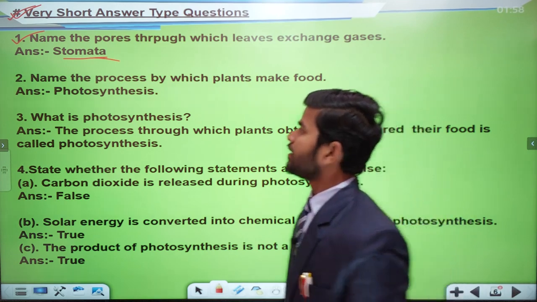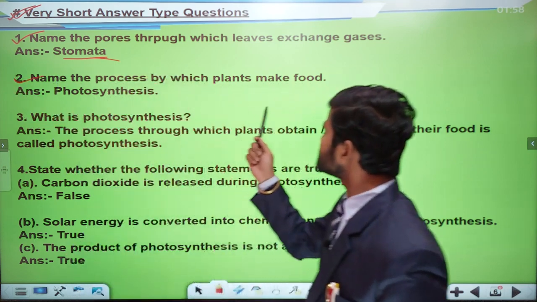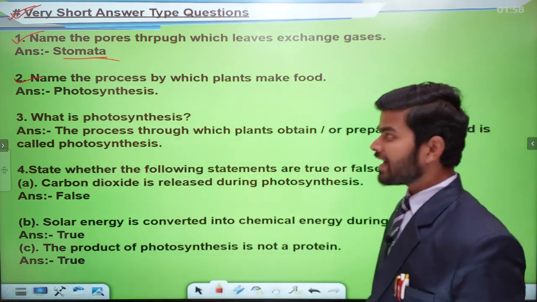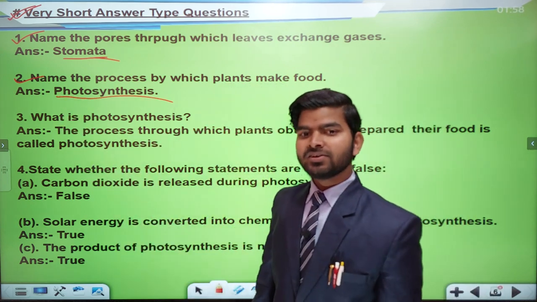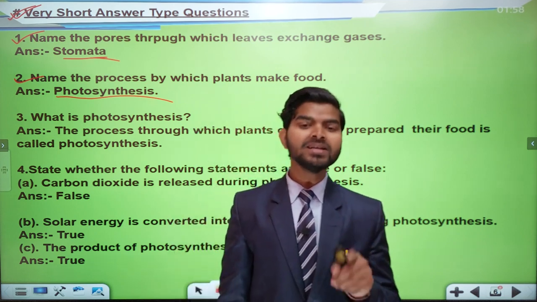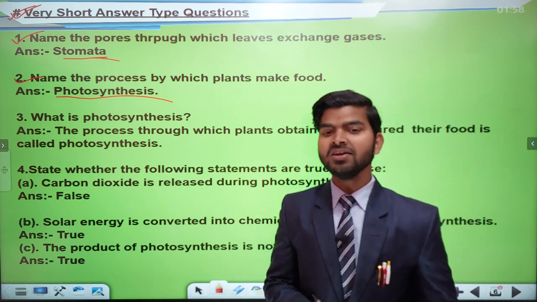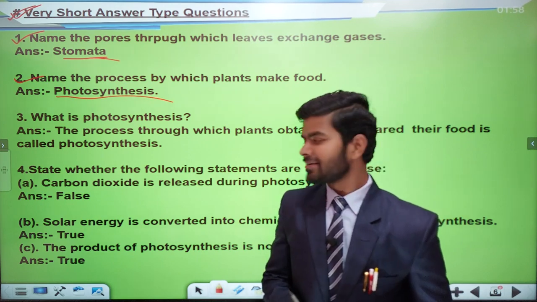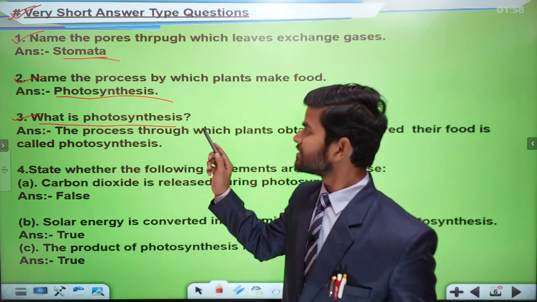Next question is: name the process by which plants make food. I have told you about photosynthesis. What is photosynthesis, dear? Photosynthesis is the process through which plants obtain or prepare their own food. Then this process is called photosynthesis. All clear. Next question: what is photosynthesis?